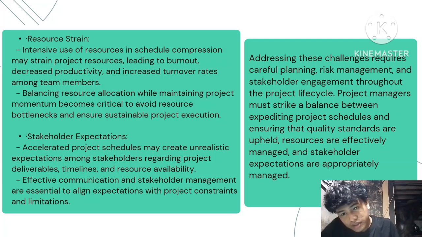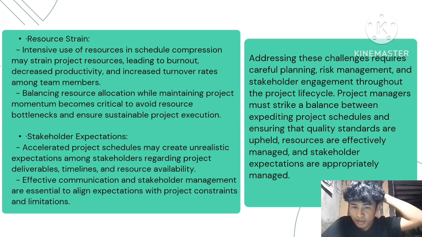Intensive use of resources in schedule compression may strain project resources, leading to burnout, decreasing productivity, and increased turnover rates among team members. Balancing resource allocation while maintaining project momentum becomes critical to avoid resource bottlenecks and ensure sustainable project execution.